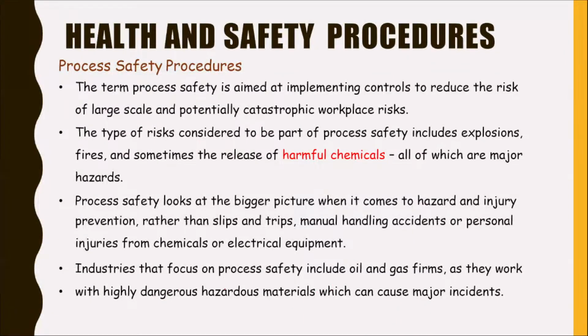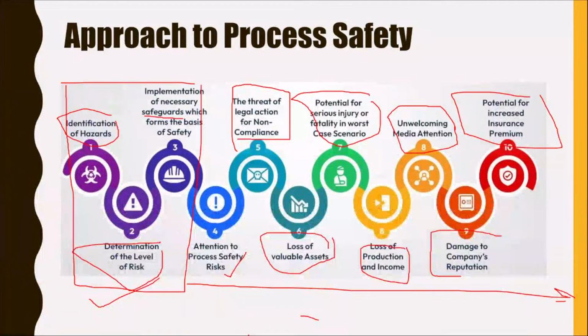For example, when you are working with oil and gas firms, the hazardous materials are the working materials, and those materials may cause major injuries. You can go through these contents later. So this is the approach for process safety.